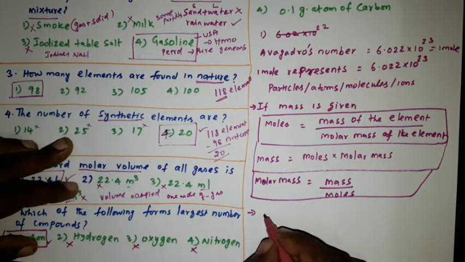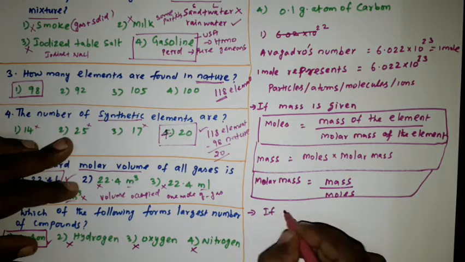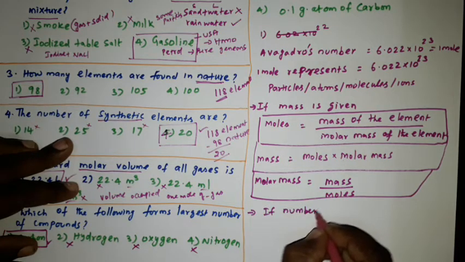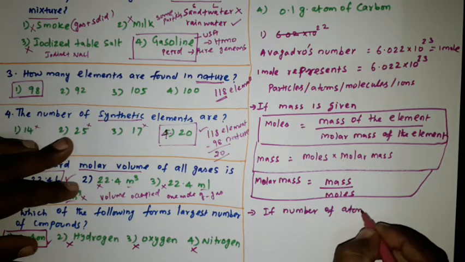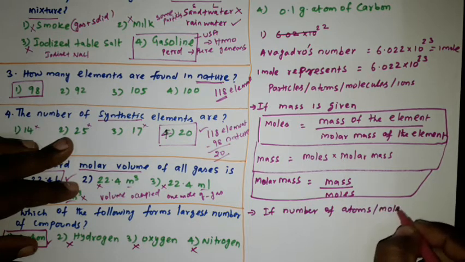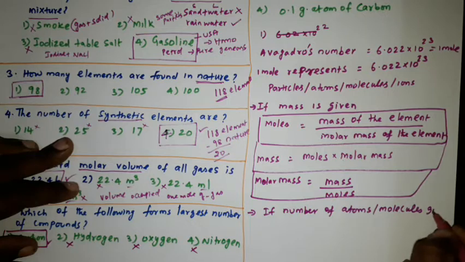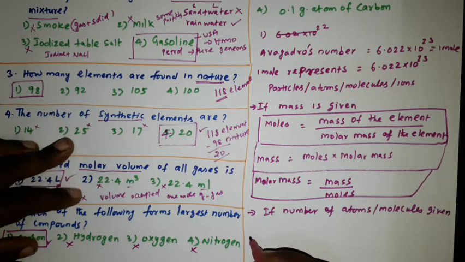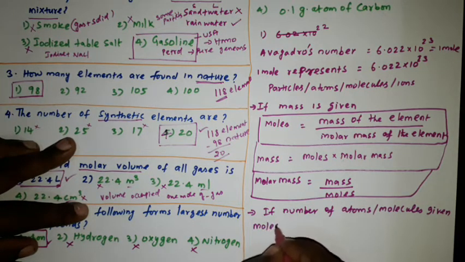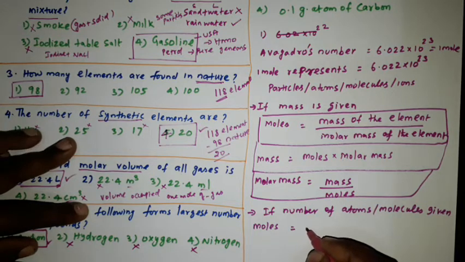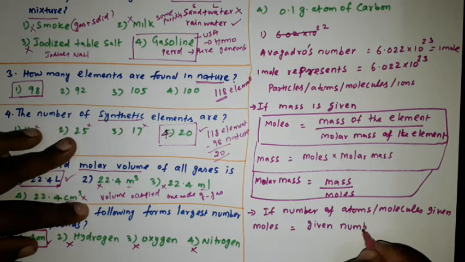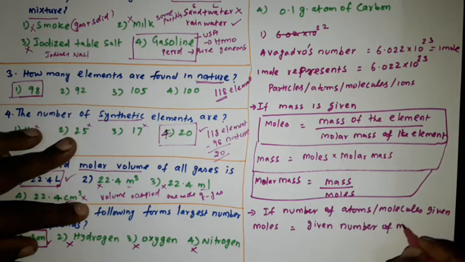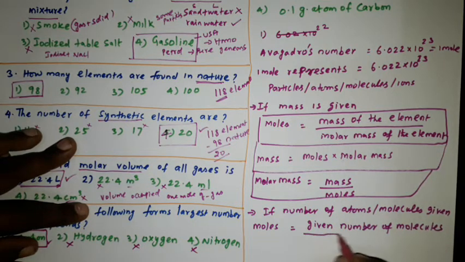If the number of atoms or molecules is given, then the formula to find the number of moles is: moles equal the given number of particles, molecules or atoms, whatever may be, divided by Avogadro's number.